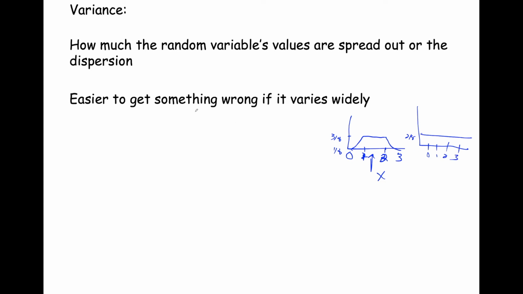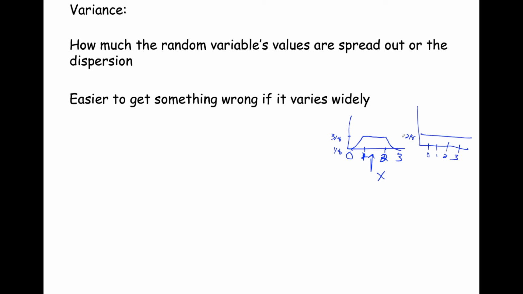And so if something is more dispersed, what the variance really tells you, it's easier to get something wrong if you're guessing something that varies very widely among a larger number of values. And as we see here, the coin system for the 3 coin flip on the right-hand side, it's easier to get something wrong. And so this variance then is a single number.